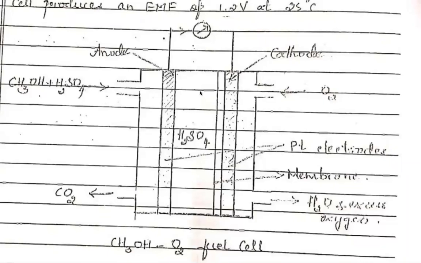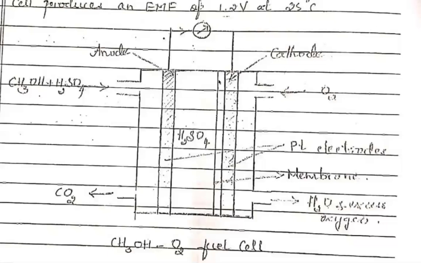Okay. And then in between them, we have taken the electrolyte, that is H2SO4, sulfuric acid. From this end, we are going to supply the fuel, and its product will go out from the bottom. And from this end, that is from the cathodic side, we are going to supply the oxygen, which is the oxidant, and its product will go out from here.